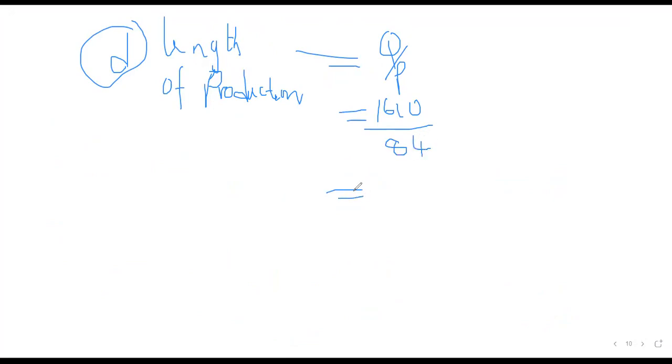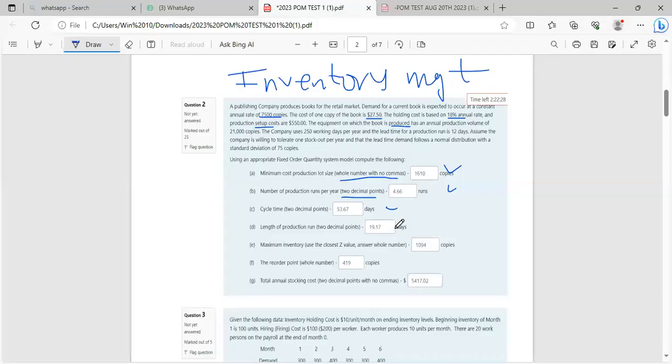So 1610 divided by 84 is 19.17 days. The examiner was giving a restriction in terms of the decimals. So 19.17 days, so this one's gone.